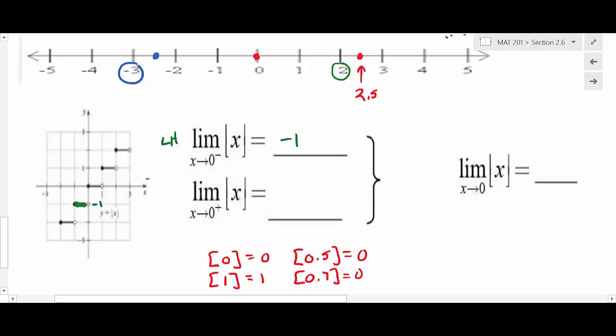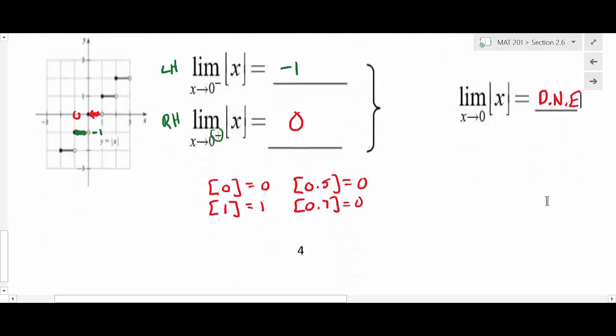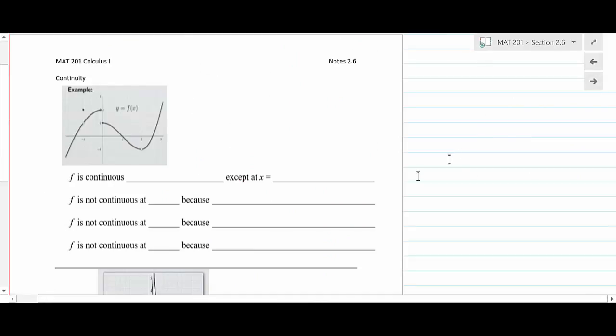But if we did the right-hand limit as x approaches 0 from the right, we're going to be in here, so that limit approaches a y value of 0. Since the left- and right-hand limits have different values, we would say the two-sided limit does not exist. So that's how a greatest integer function works.